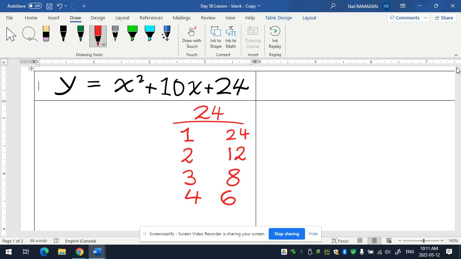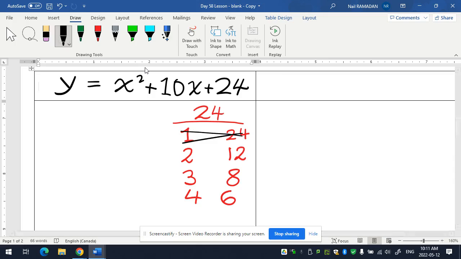So, what's 1 plus 24? Not that. Okay, what's 24 minus 1? Exactly. Those two will never work, so I want you to cross them out.